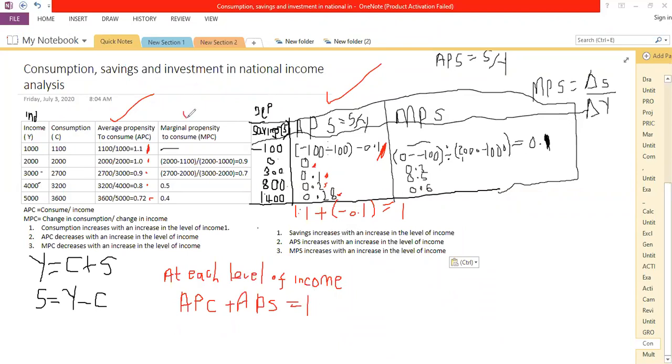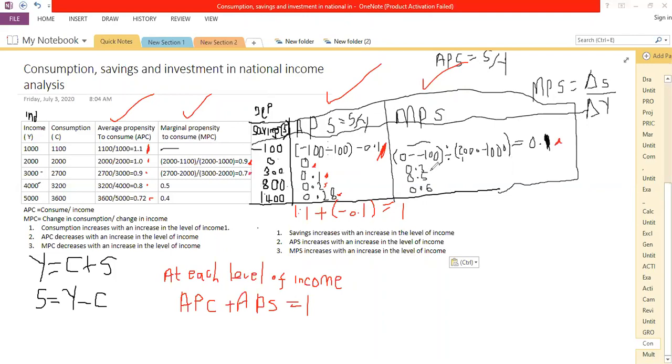Let's pick the column marginal propensity to consume and the column marginal propensity to save. Again, at each level of the income, we determine what is happening between these two. For the first level, there's nothing to consider, so we'll not add that. The next level, we have 0.9. Let's add it to 0.1. It will give us 1.